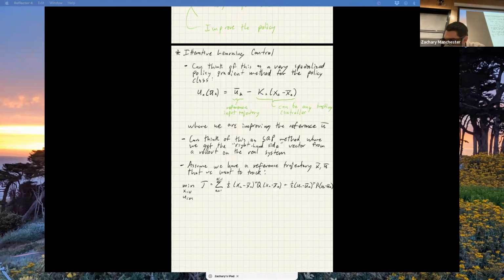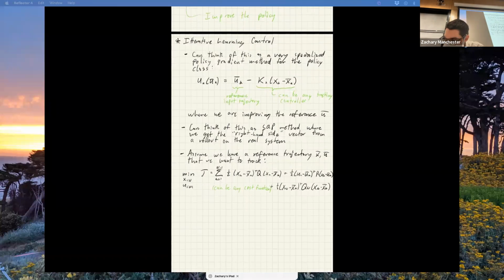And then terminal cost. Okay. In general, you can have any cost function, right? We're just going to do this for now because it's easy and convenient. So it doesn't have to be this. And then subject to our dynamics, as usual.